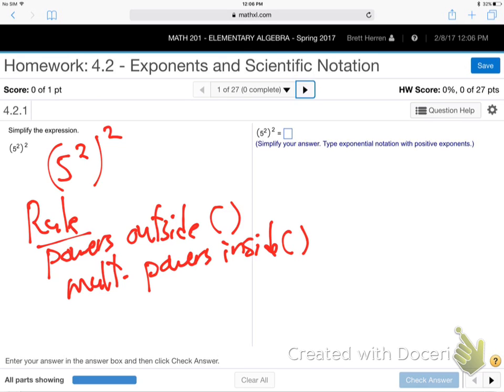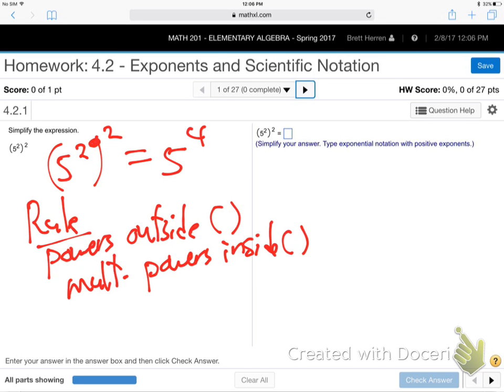So this 2 and that 2 we're going to multiply. So that will be 5 to the 4th power.